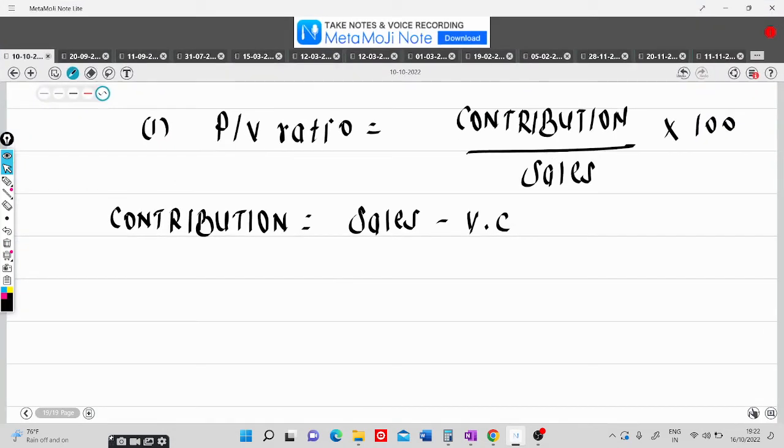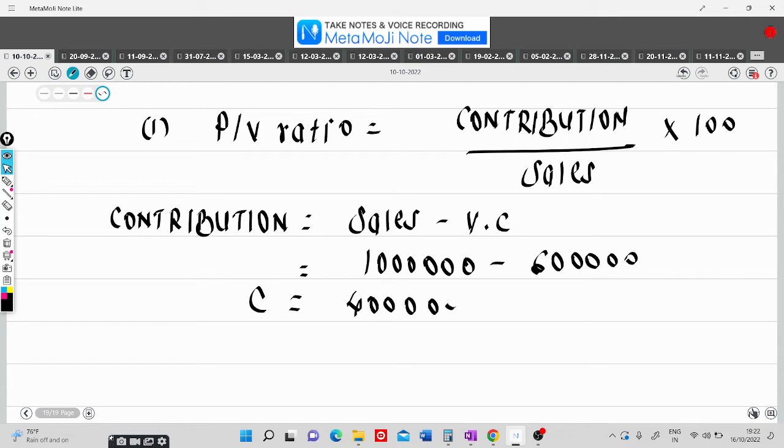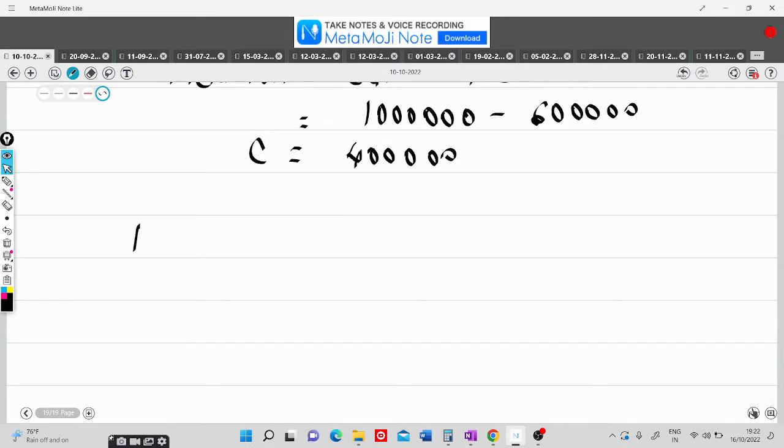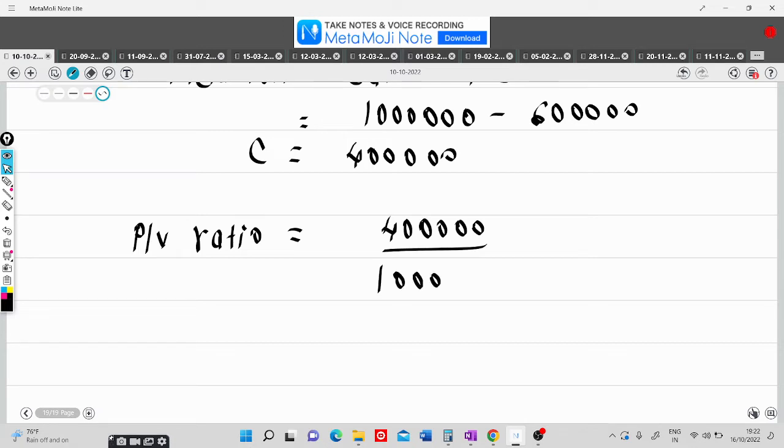We'll substitute the value. Ten lakhs minus 6 lakhs. So contribution C will be equal to 4 lakh. So PV ratio will be 4 lakh divided by sales, that is 10 lakhs, multiplied by 100, comes out to 40%.